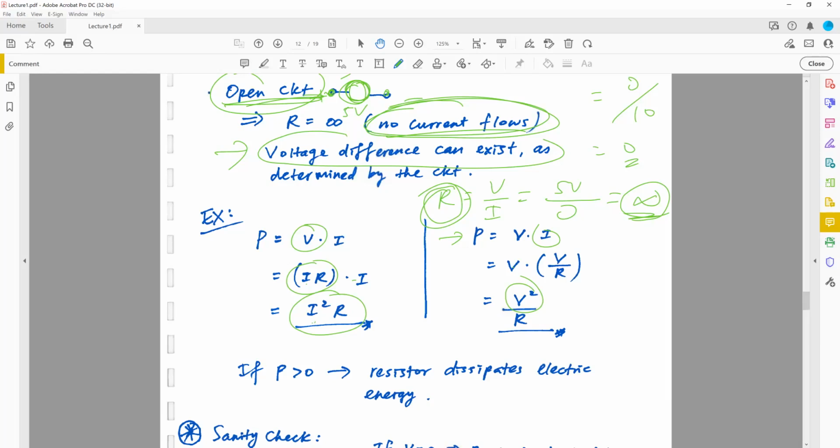If you have I and R, you can already calculate P. If you have V and R, you can also calculate P.